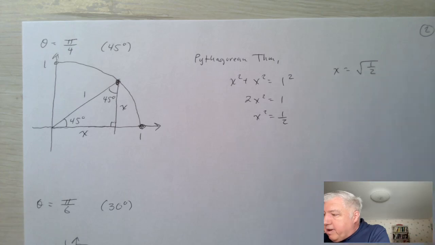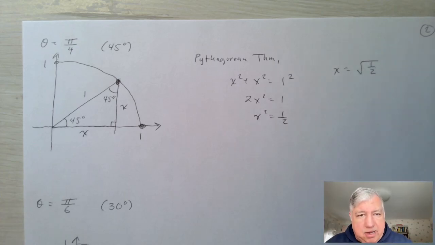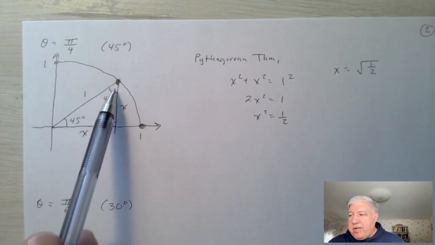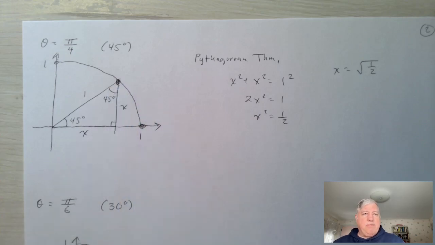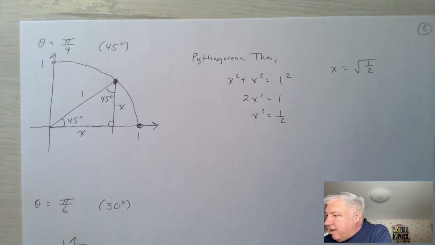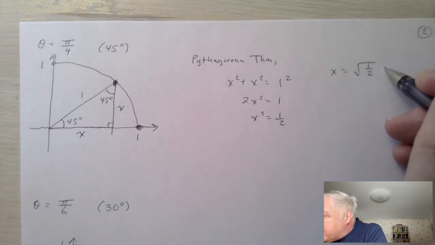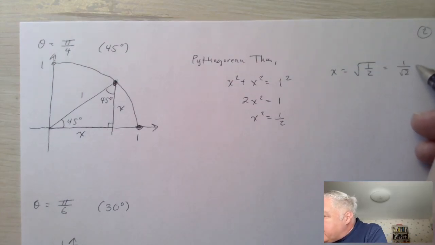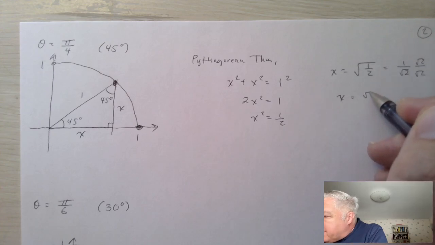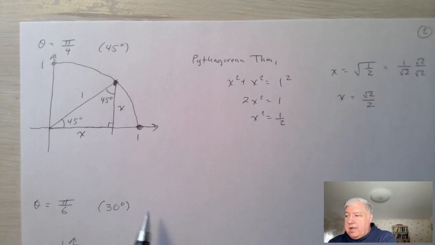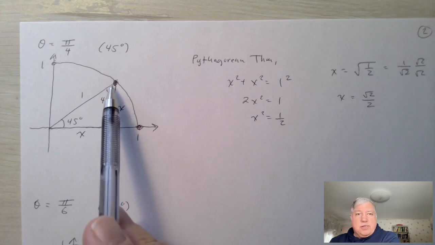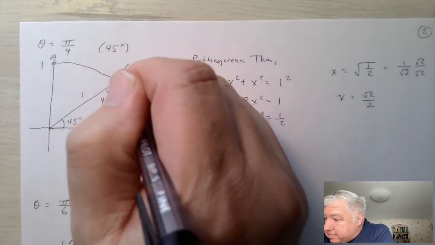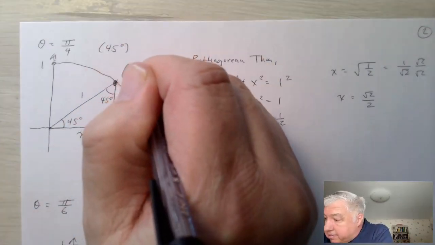Now normally we take plus or minus a square root, but it's clear that this point is in the first quadrant, so everything has to be positive in the first quadrant. So we're just going to leave it here, and we can rationalize this. This is the same thing as 1 over square root 2, and we can rationalize it. And so x is going to be square root 2 over 2. Okay, so this represents the x and y coordinate of this point.